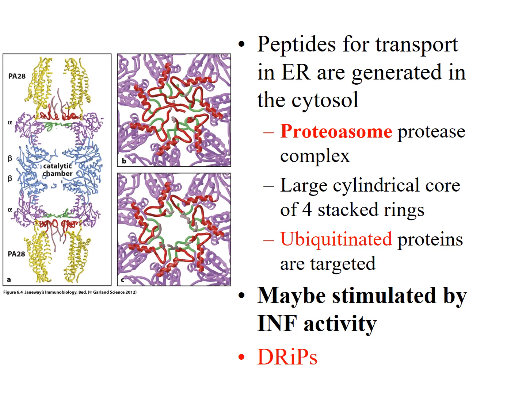Now we also see what they refer to as DRiPs. These are defective ribosomal products. These are improperly translated polypeptides.